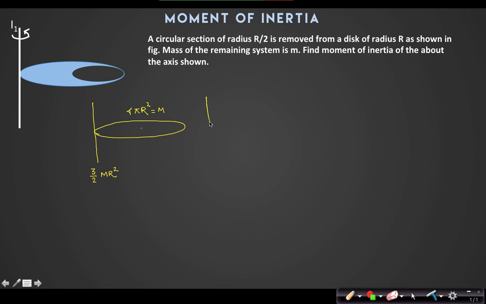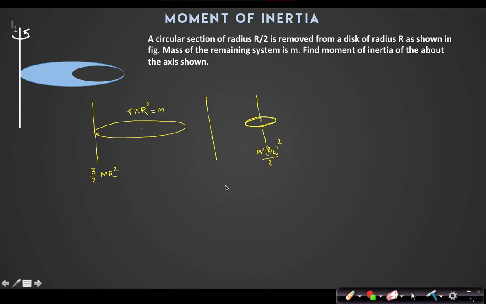About the same axis, if I want to find the moment of inertia of this small disk, how do I find it? Let us first find the moment of inertia of that small disk about its own axis, and that is equal to m prime, suppose its mass, into r by 2 square by 2.